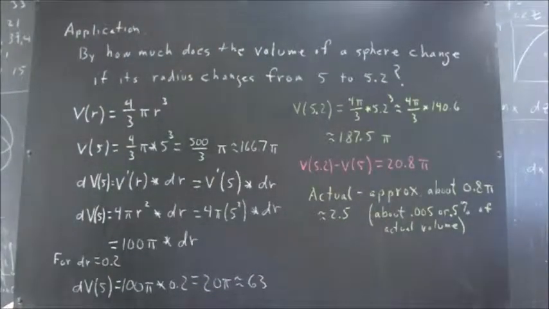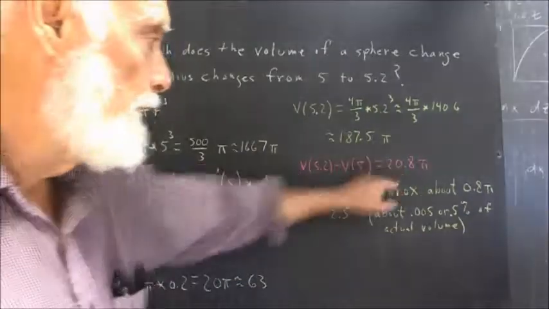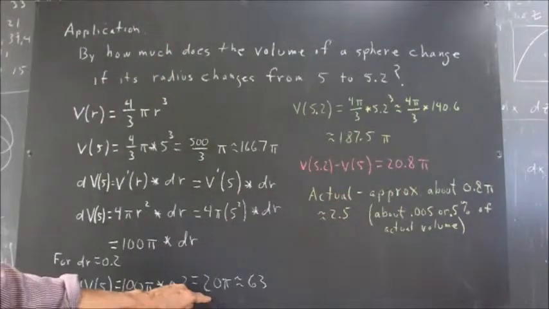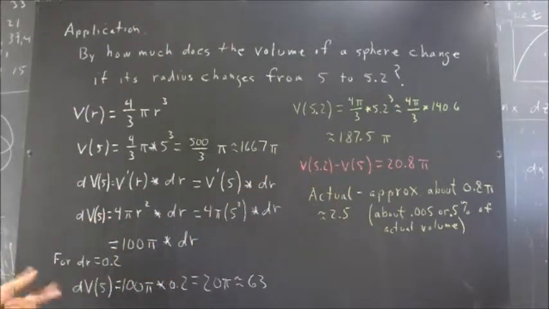So we're off by about 0.5% of the actual volume in this approximation, which means it isn't a great approximation, but it isn't all that far off. The approximation of the difference is within about 5%, actually probably within 4% of the actual difference.